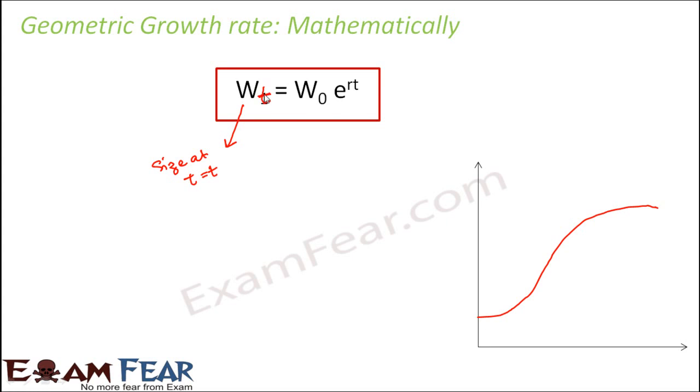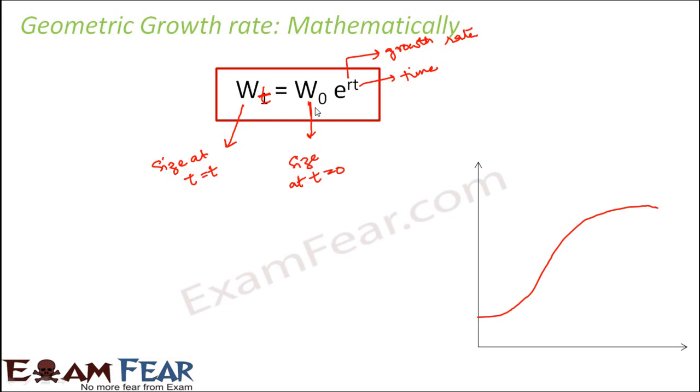So this would be Wt is equal to W0. So this is the initial size, or you can say size at time t is equal to 0. e to the power rt. So r is again the rate of growth or the growth rate, and t is the time, right?